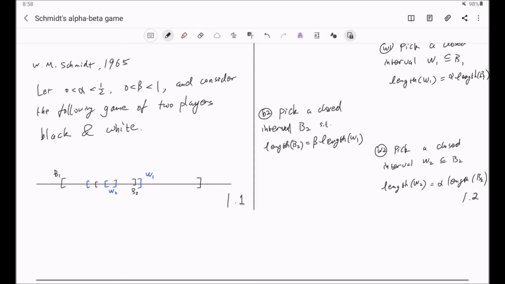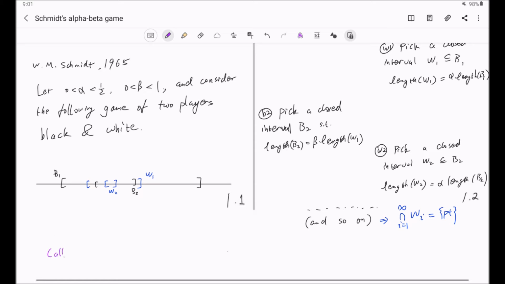And this game does not stop at step 4. It will go on. Finally, you consider the intersection of all those W sub i's. And this is just one point, because the length of the W sub i's shrinks by at least 1/2 each time. The length shrinks at least geometrically. For this game, we need to determine a winner.